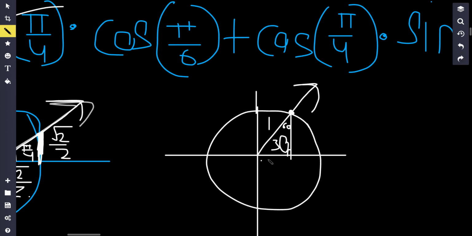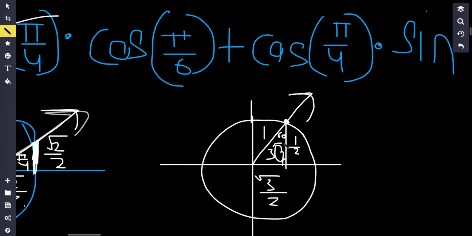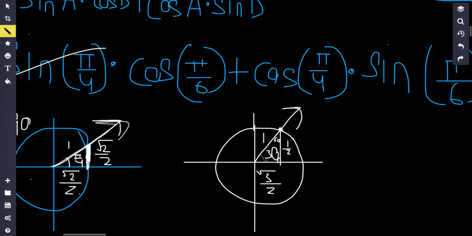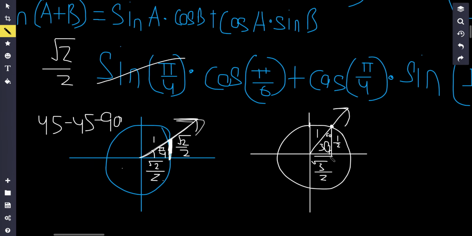This side is going to be 1/2, and this is going to be root 3 over 2. Remember, the side opposite 30 is always half the hypotenuse, and the side opposite 60 is always radical 3 times longer than the side opposite 30. So cosine of pi over 6 represents the x value, which is root 3 over 2, and that's what we have here.